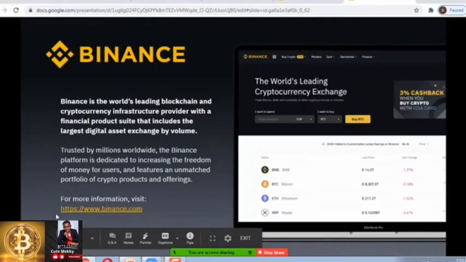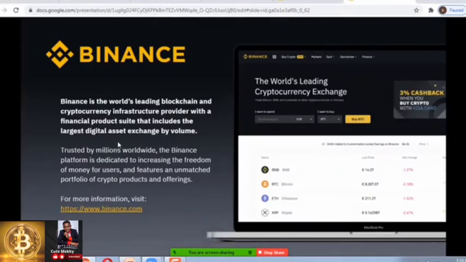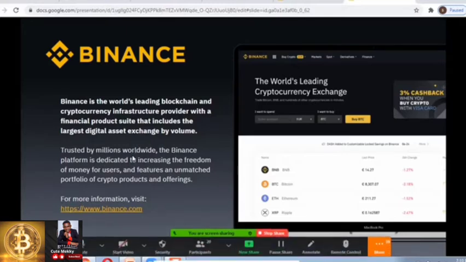So this is Binance. Binance is the world's leading blockchain and cryptocurrency infrastructure provider with a financial product portfolio that includes the largest digital assets exchange by volume. It took Binance only about 5 months to become the world's largest exchange by volume, and it is trusted by millions of people across the world.